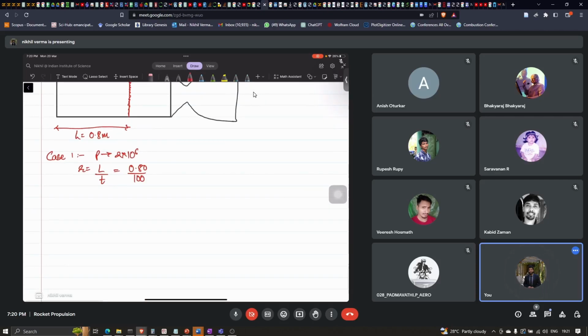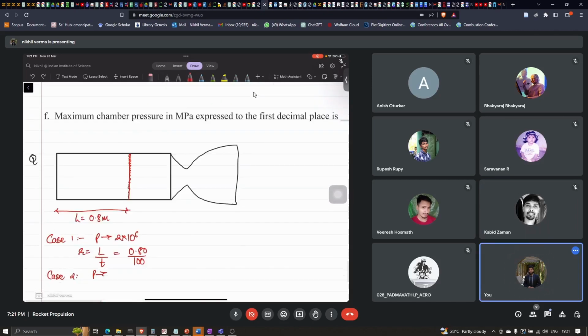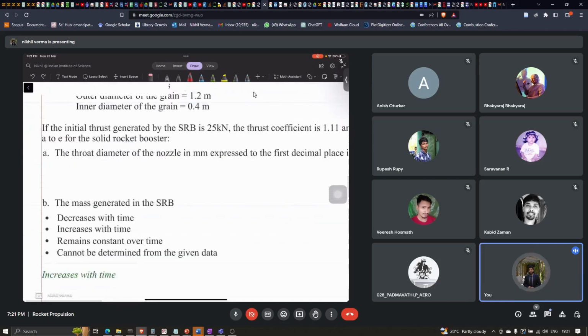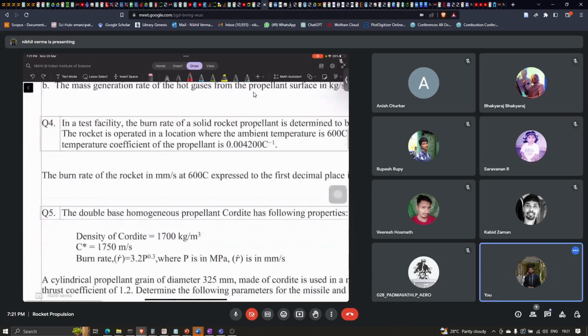And in case 2, we have pressure. Should we make it 0.8 into 10 to the power 3 to make it into millimeter? Yeah, yeah.